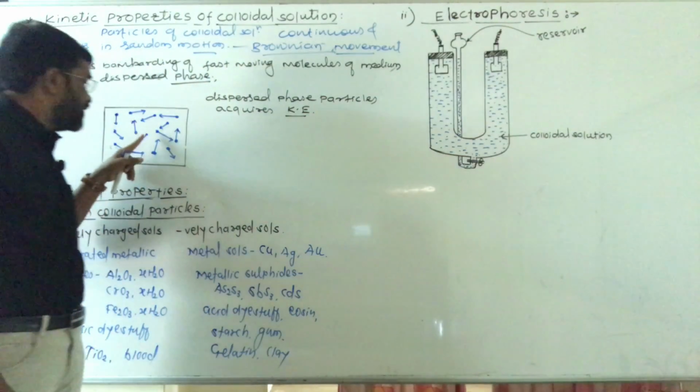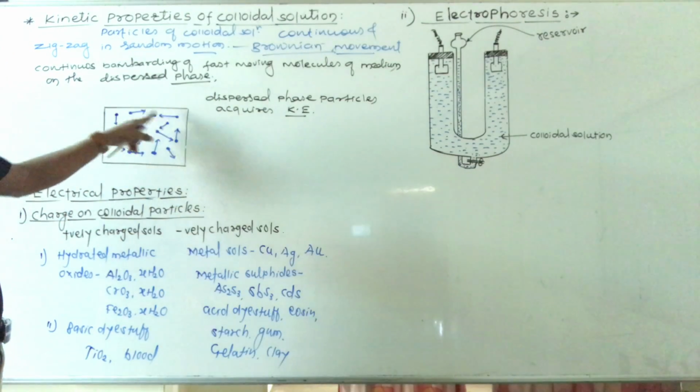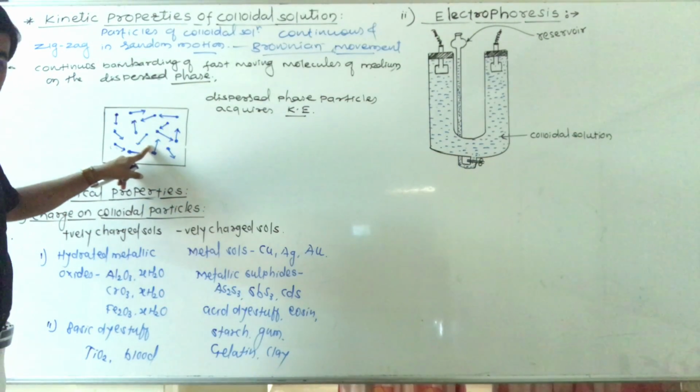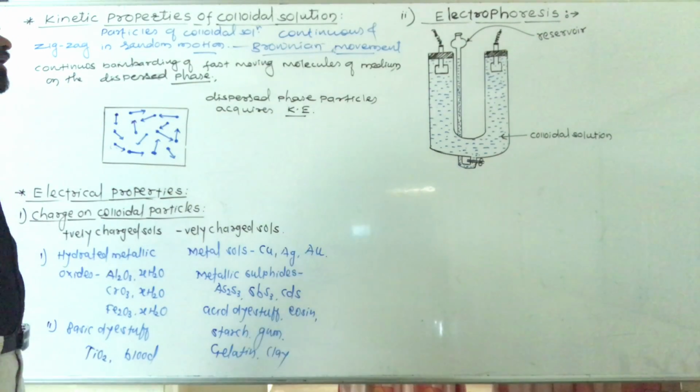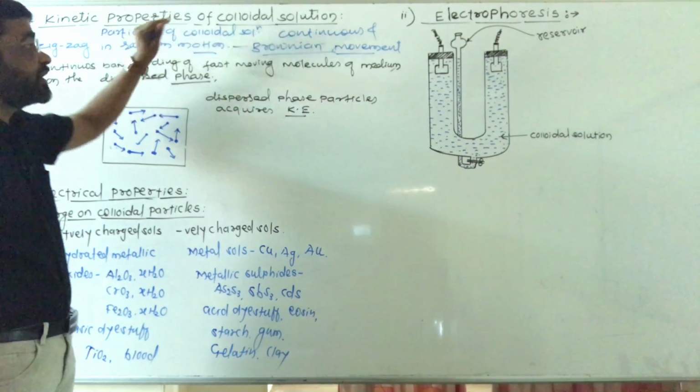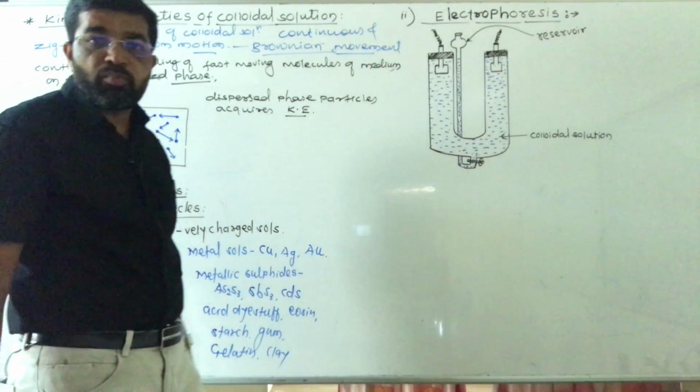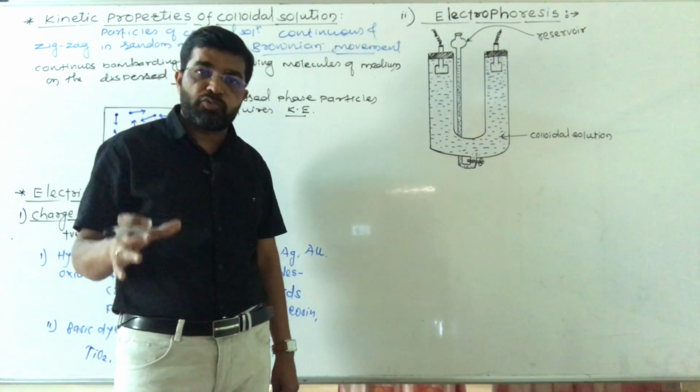So that continuous zigzag motion in random direction of the colloidal phase particles is known as Brownian movement, or that is nothing but the kinetic property of the colloidal solution.